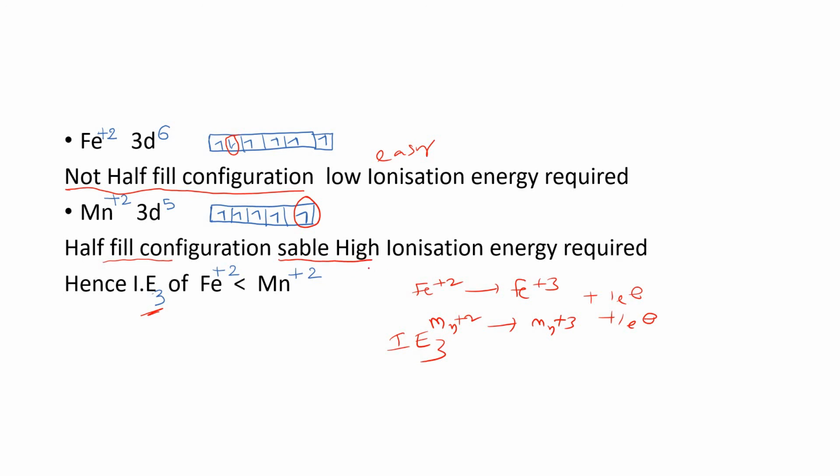Whenever you have half-fill, it is very difficult to remove and has high ionization energy. Whenever you don't have a half-filled configuration, it is easy to remove. So for Fe +2 we remove 3d6, and for Mn +2 we remove 3d5, which is half-filled. So Mn +2 requires more ionization energy. So this is about ionization enthalpies.